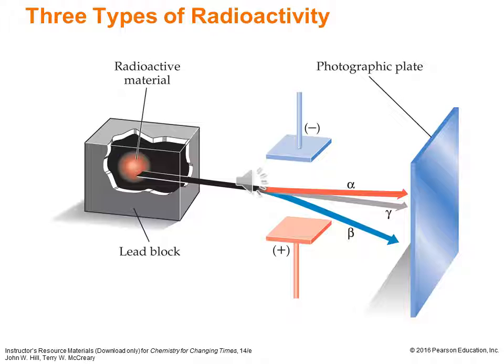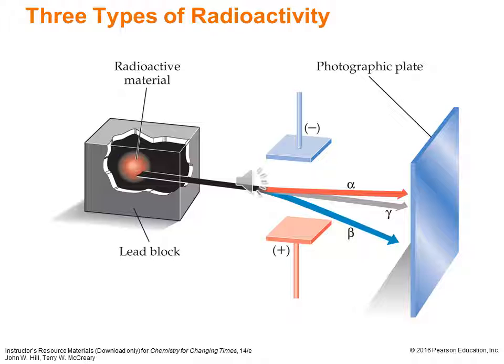There's a negatively charged plate and a positively charged plate just before the photographic plate, and as you see, the alpha particle is slightly deflected toward the negatively charged plate, so therefore we understood that it must be a positively charged particle. The gamma particle goes straight through. It's neither attracted to the positive nor the negative plate. And finally, the beta particle has a large deflection toward the positive plate. So the beta particle must therefore be negative.